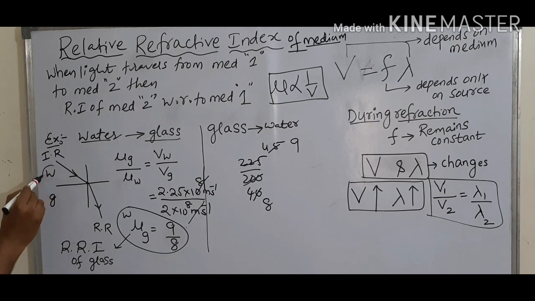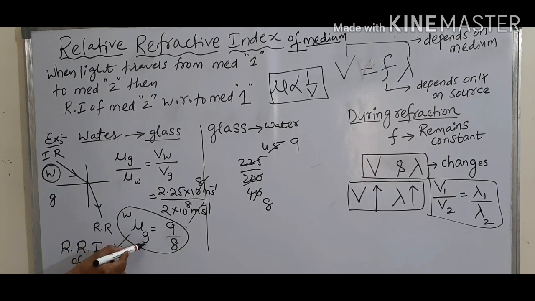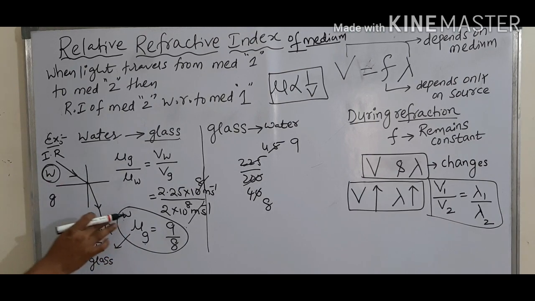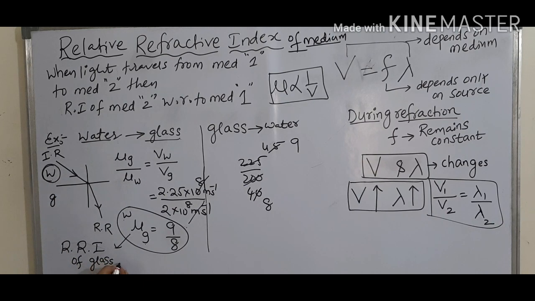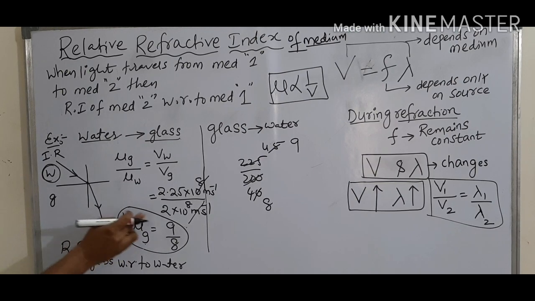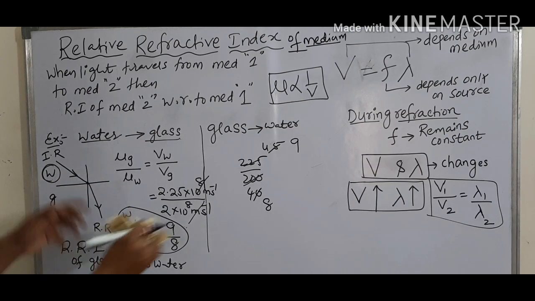But here light is traveling from water, so light is bending in glass with respect to water, that means other than air. When it is with respect to a medium other than air, we call that refractive index the relative refractive index. So this is the relative refractive index of glass with respect to water. Its value is 9 by 8.